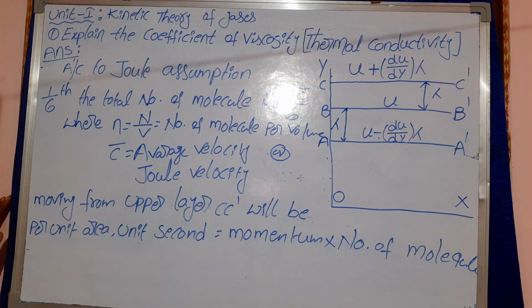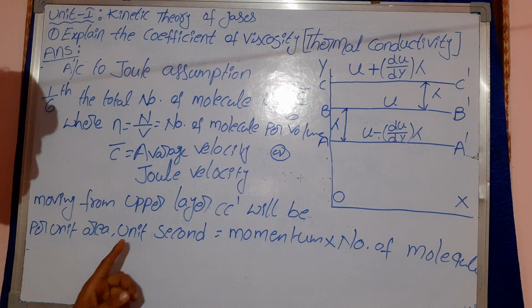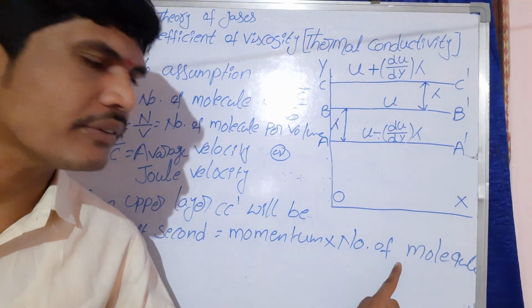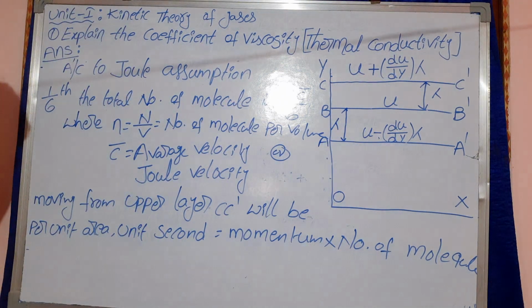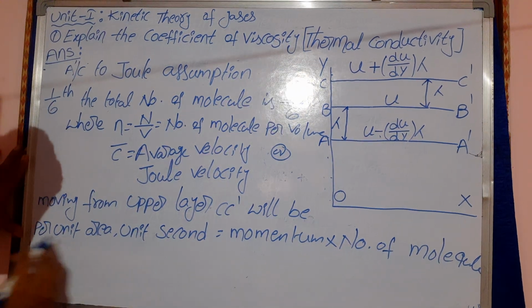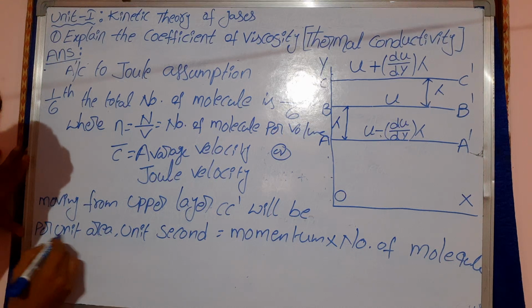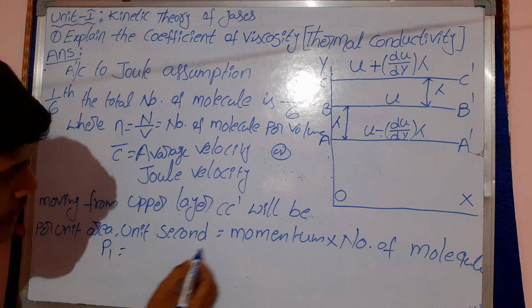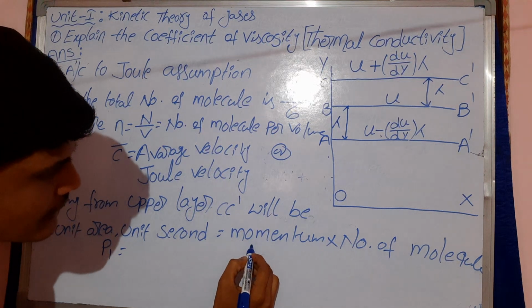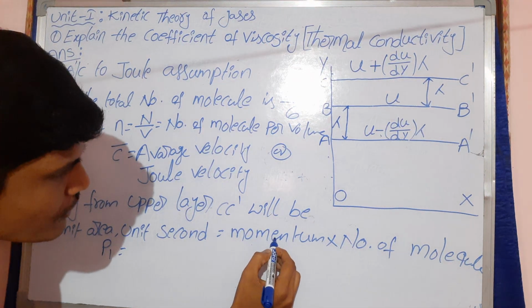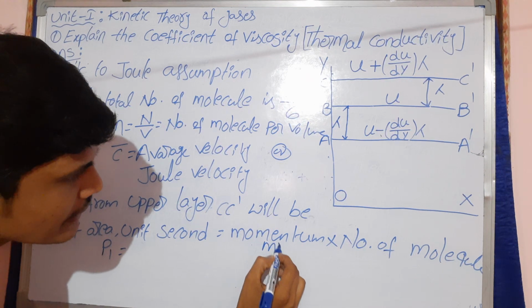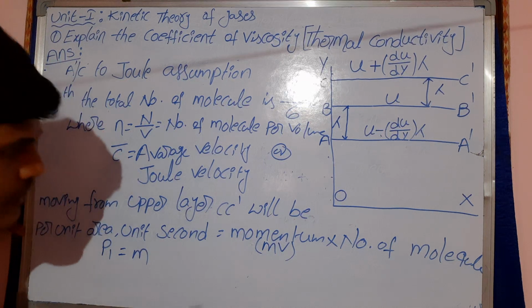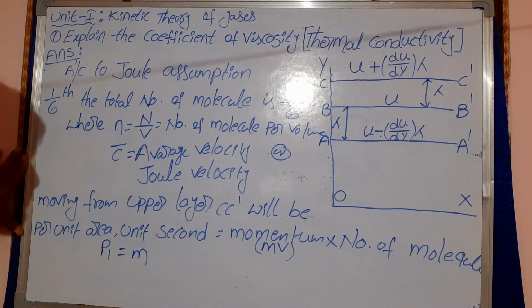So P1 equals the momentum. Momentum means mv, where m means mass and v means velocity.